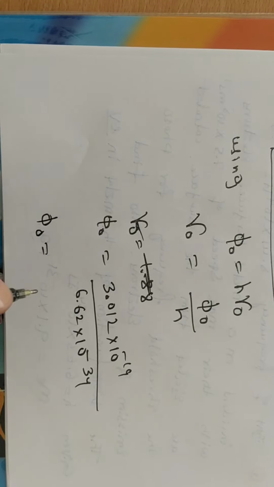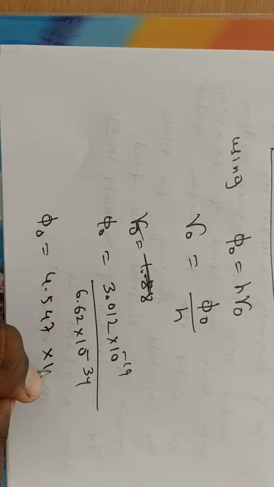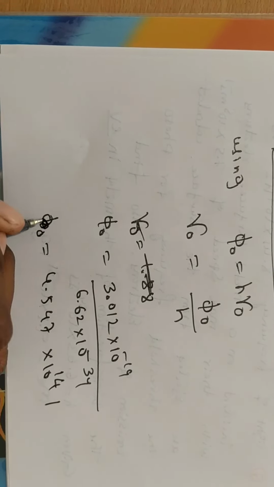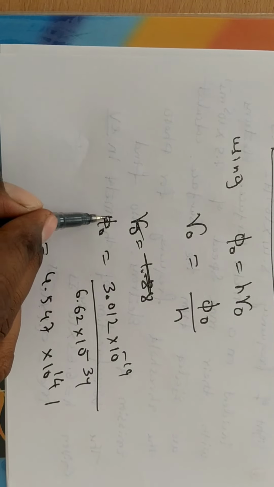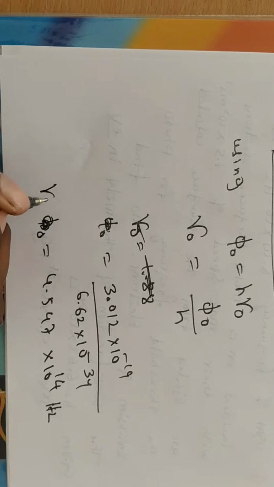After simplifying this one, we get 4.547 into 10 to the power of 14 hertz. Okay, this one is the threshold frequency.